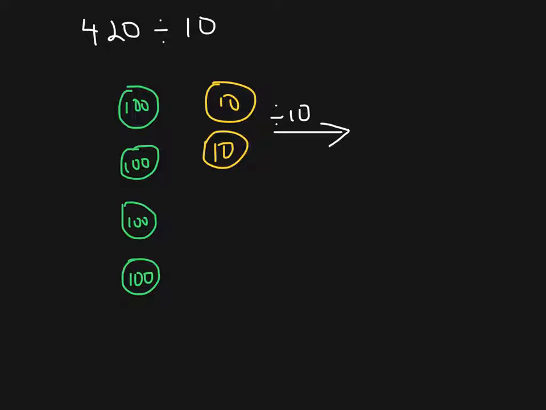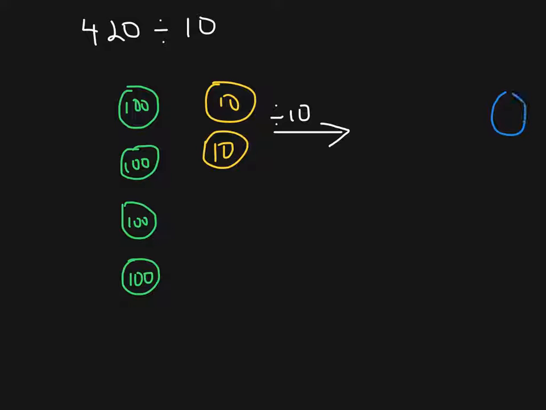420 is represented here by 4 hundreds and 2 tens. And then I want to divide that by 10. So when I divide my 2 tens by 10, I am going to get 2 ones, because each time I have 10 divided by 10, that's going to equal 1.